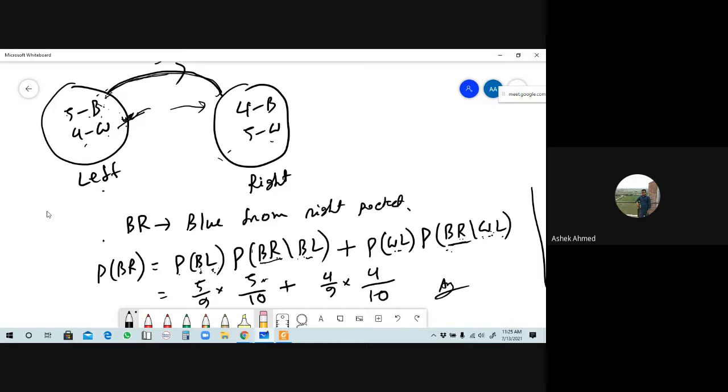In that case, that will be probability of WL, white from left pocket, into probability of, যেহেতু আলটিমেটলি আমাদের ফাইন্ড করতে হবে রাইট পকেট থেকে ব্লু মার্বেল, দ্যাট উইল বি probability of BR given WL. এটা রেসপেক্ট আমাদের করতে হবে রাইট পকেট থেকে মানে ব্লু মার্বেলটাই উঠাইতে হবে। ওকে, in that case the concept will be this.